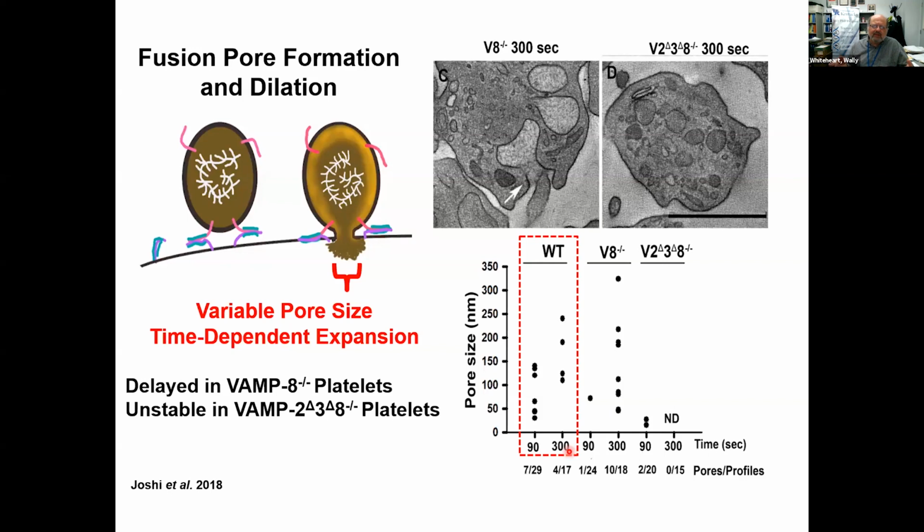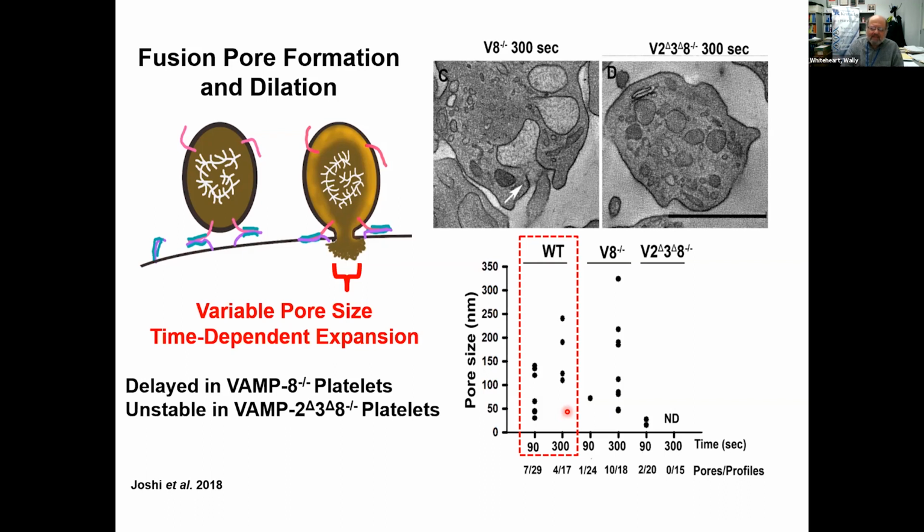And since it's a three-dimensional reconstruction, we can get the diameter of the fusion pores. And at the initial stages at 90 seconds, you can see the distribution of pores. The average is about 100 nanometers or so in size. Over time, 300 seconds, you see the pores actually expand. So there's a dilation of the fusion pore in the wild-type animal.